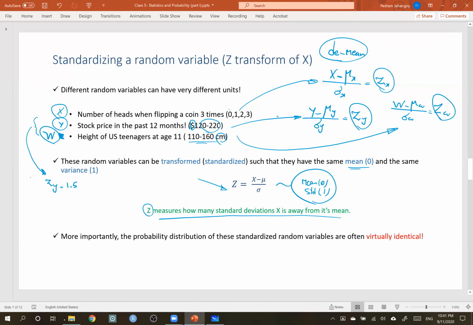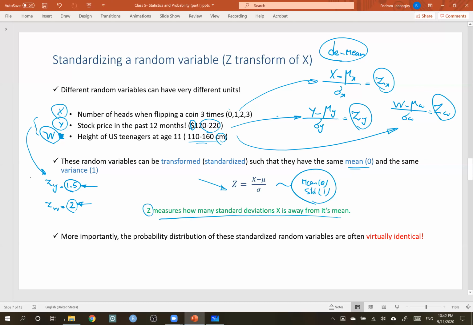But I know that observation was 1.5 standard deviations above the average. Let's look at another example for W, height. If z of W is equal to 2, this observation is 2 standard deviations above the average, right? So we know that this should be a very tall guy. This should be a relatively high stock price.